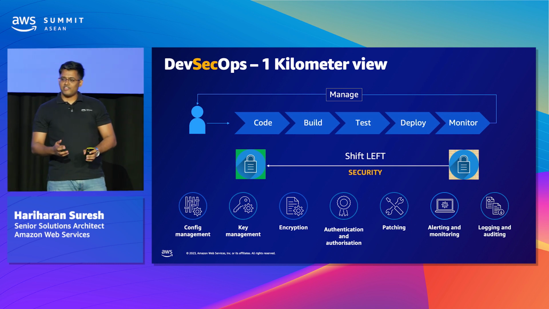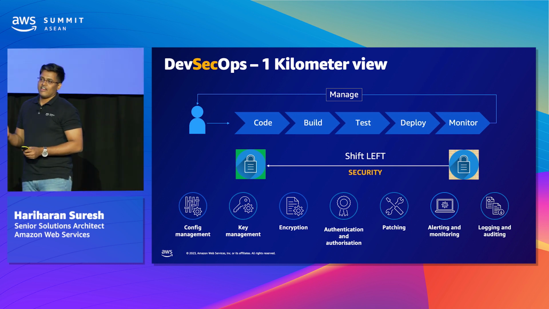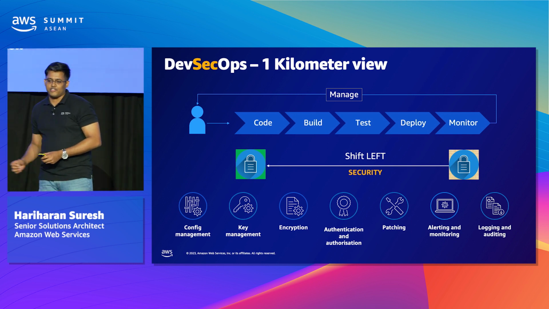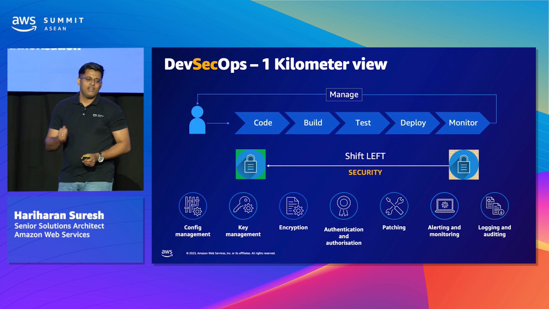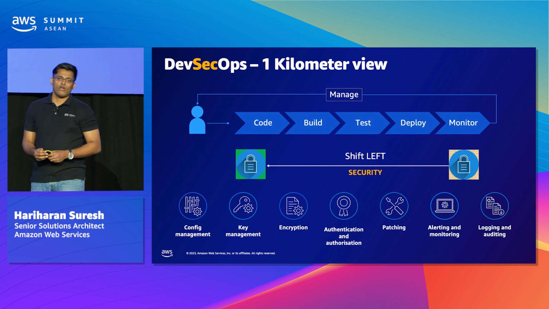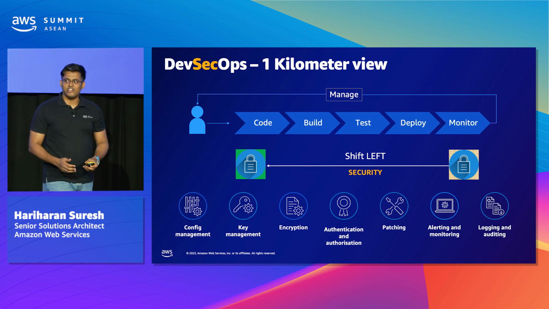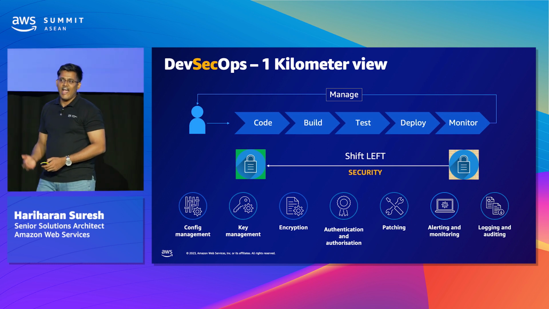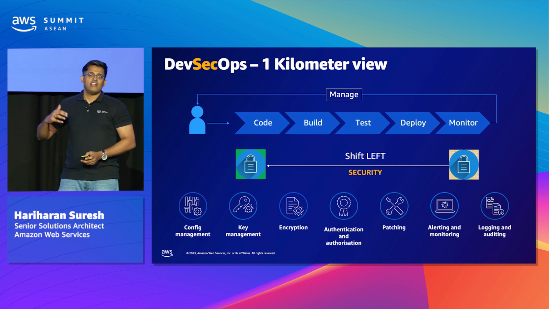The security assurance can be integrated at various stages, to name a few: config management, key management, authentication and authorization, and your encryption policies. Every single piece of security has to be factored in during your development stages.